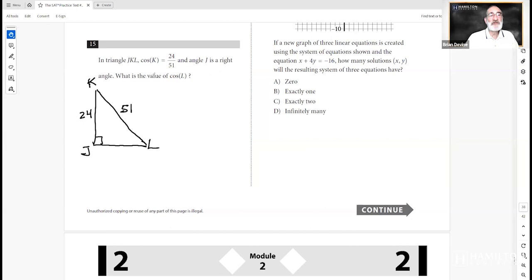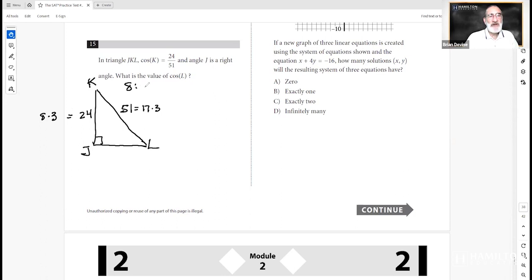And I want to know the value of the cosine of L. Well, I know something right away, that 24 equals 8 times 3, and 51 equals 17 times 3.